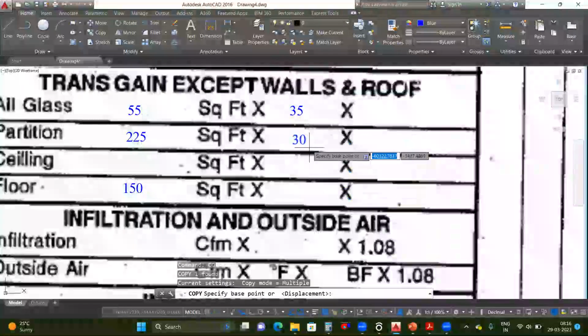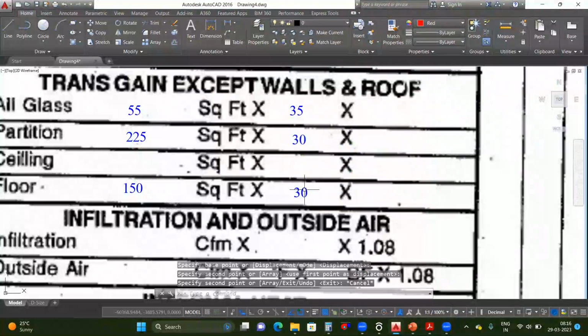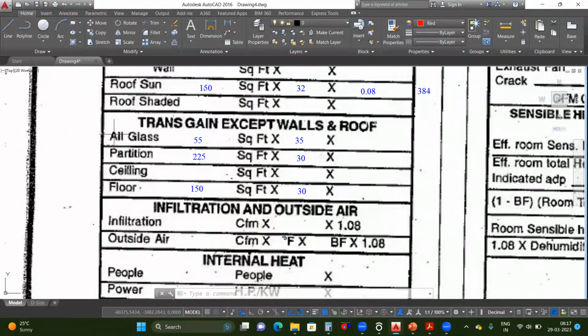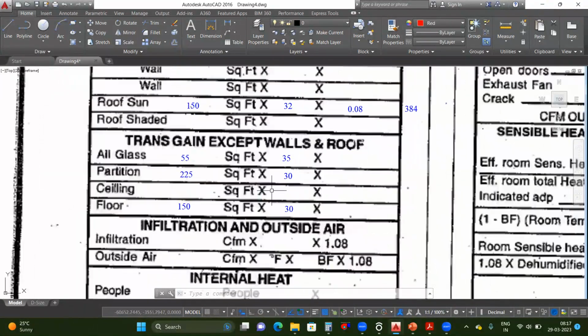Okay, so why have I taken 30 degrees Fahrenheit here and 35 here? If you see, this is the glass. This is the transmission gain directly from the sun. When the sun hits the glass, the sunlight directly enters into our office space.